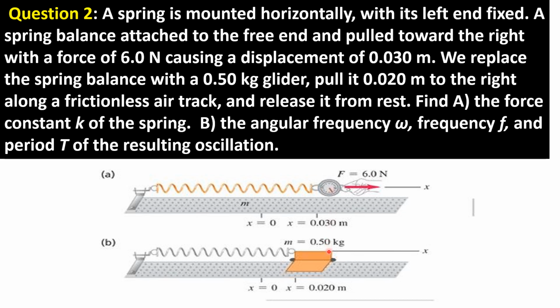So, as shown in sketch letter B, we are asked to find the force constant K of the spring, as well as the angular frequency omega, the frequency f, and the period of the resulting oscillation. Our solution for this problem will be shown in the next slide.